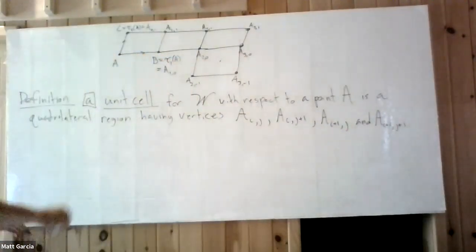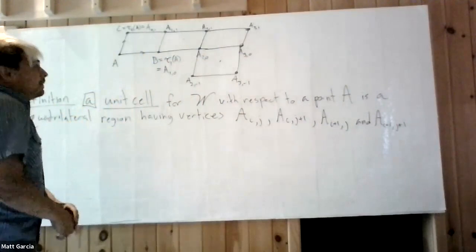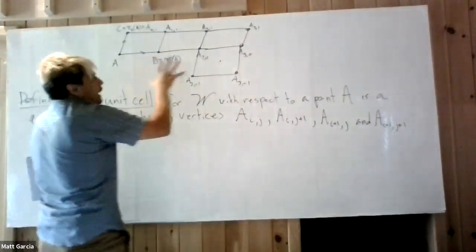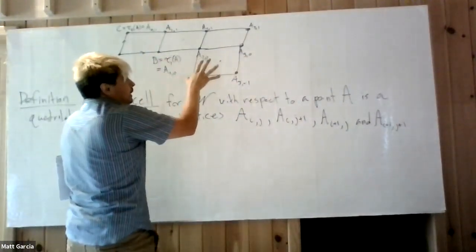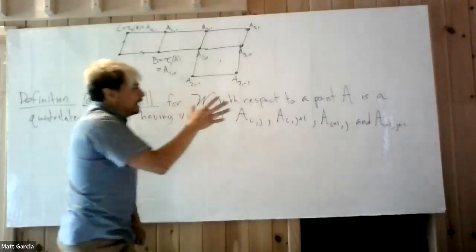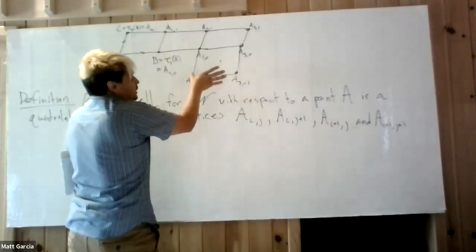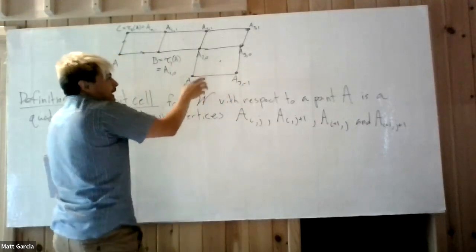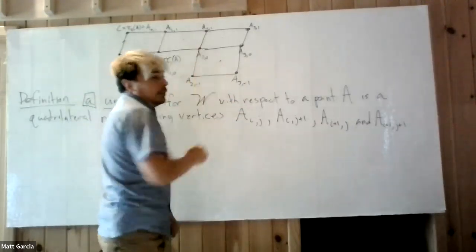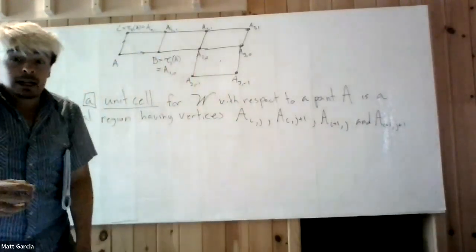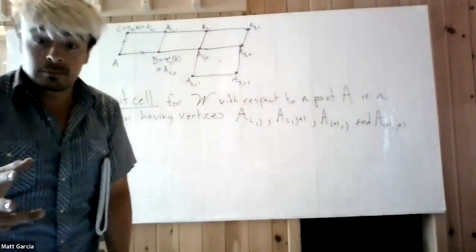Now, it depends on where it is in the plane. We'll eventually see that the shape, what type of quadrilateral a unit cell is, is not affected by the choice of A, right?